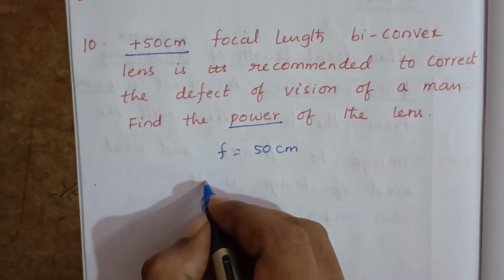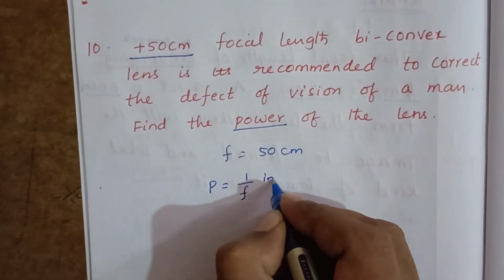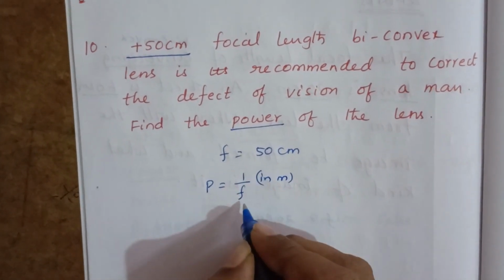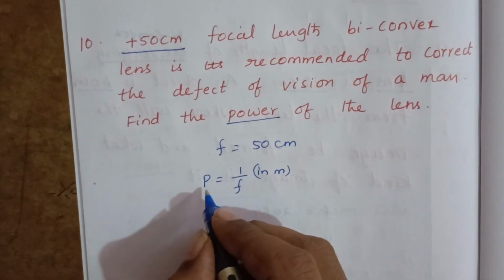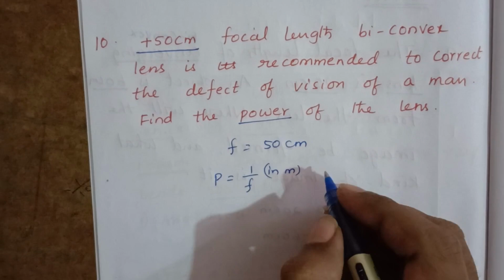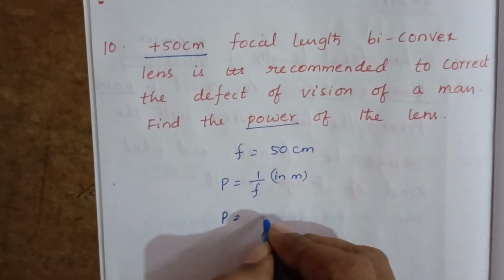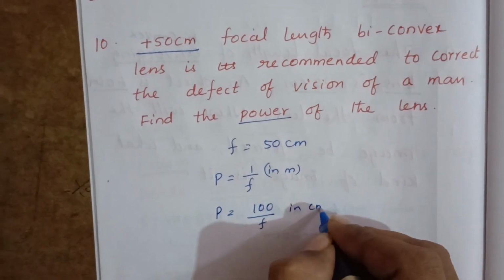We have the formula for power equal to 1 by f in meters. If the focal length is given in meters, we should use power equal to 1 by f. If they give it in centimeters, power equal to 100 by f in centimeters.